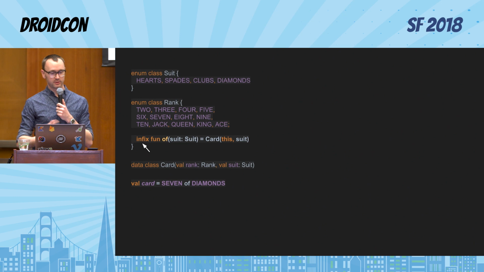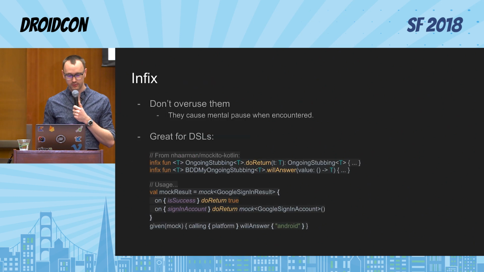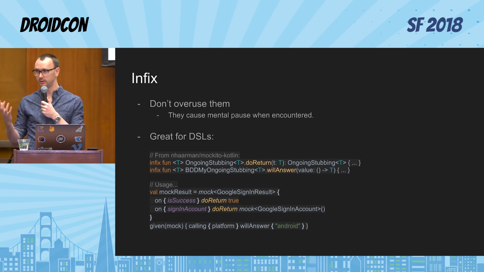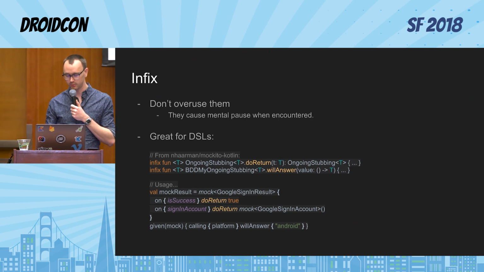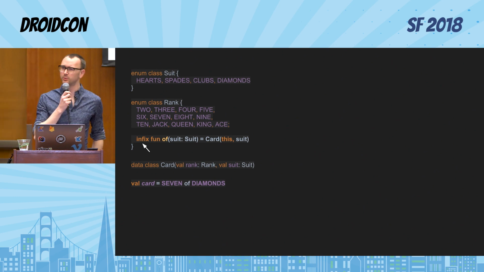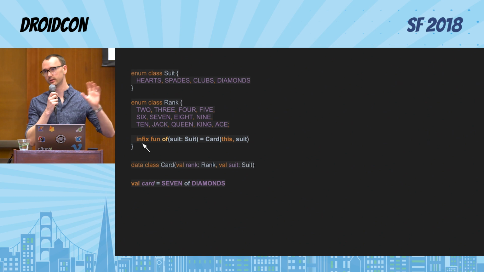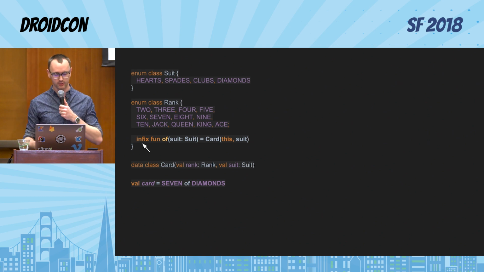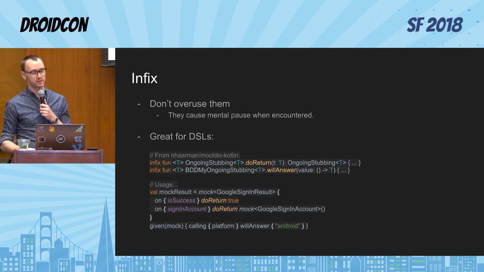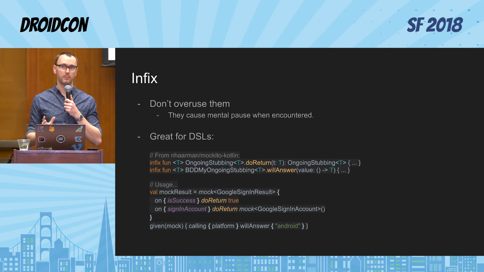My rule that I suggest around using infix functions is don't overuse them, simply because they cause a sort of mental developer pause when you encounter them in code. If you came across this 7 of diamonds in code, you might be like, oh, what is of? Because it sort of looks like a keyword when it's an infix function. So use them sparingly. The best place to use them is if the person writing code knows they're within some sort of DSL context.